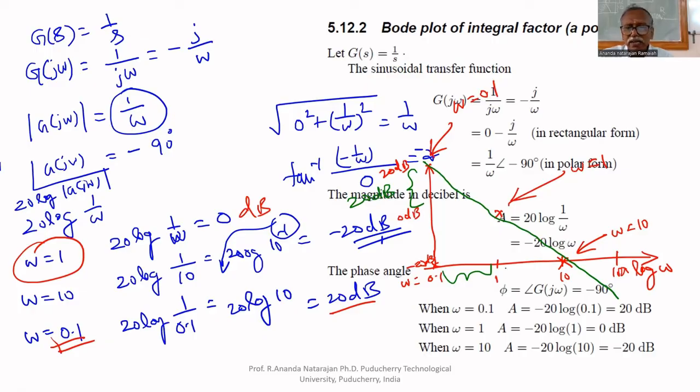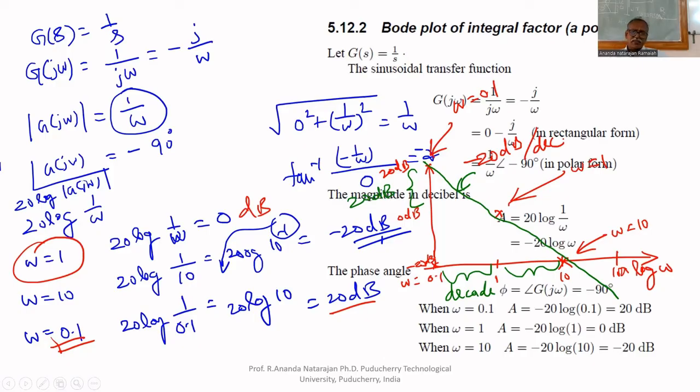Again, from 1 to 10, what is the change? 0 to minus 20. Again 20 dB decrease. It decreases at the rate of 20 dB per decade. This width is called 1 decade. So it decreases at the rate of minus 20 dB per decade.